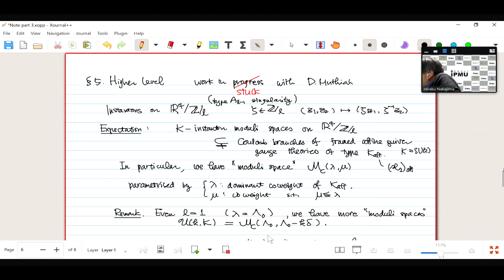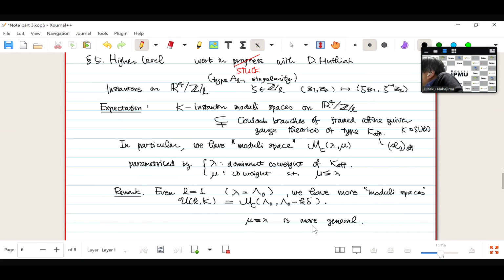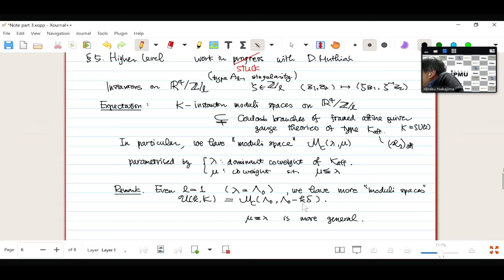So lambda is equal to lambda 0, and mu is lambda 0 minus k times delta. Delta is again a weight, but please don't confuse weight and coweight for the Langlands dual. So lambda 0 minus k times delta. Delta is the primitive positive imaginary root of the dual affine algebra.